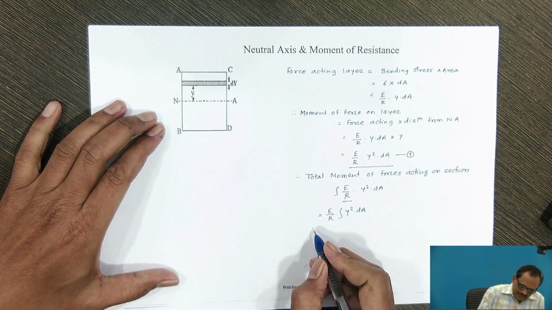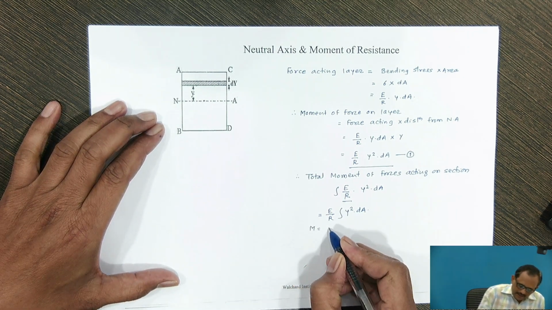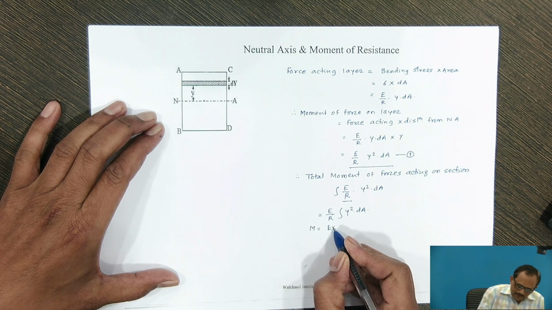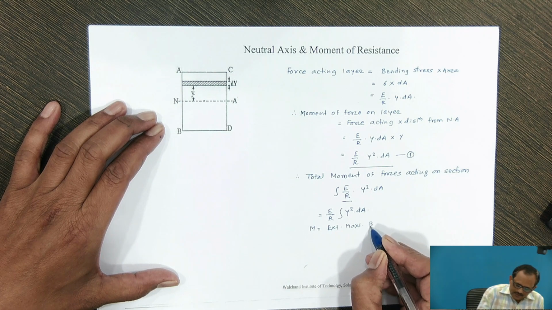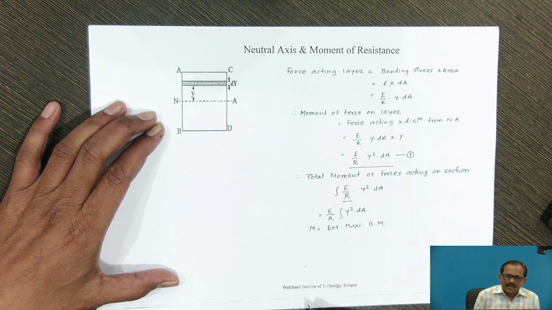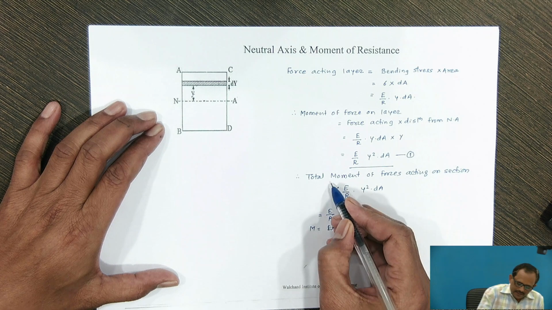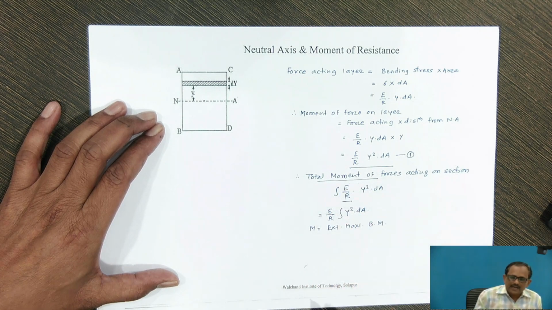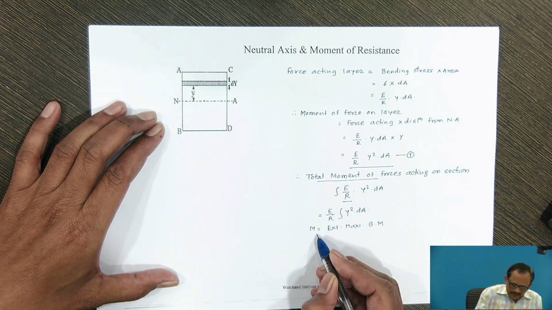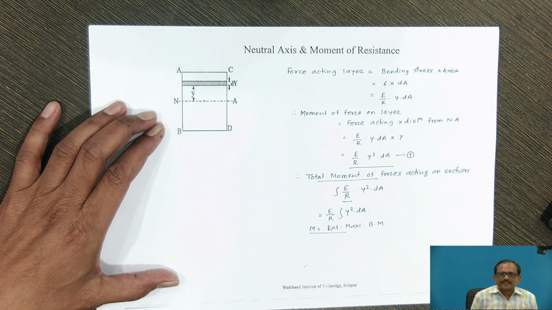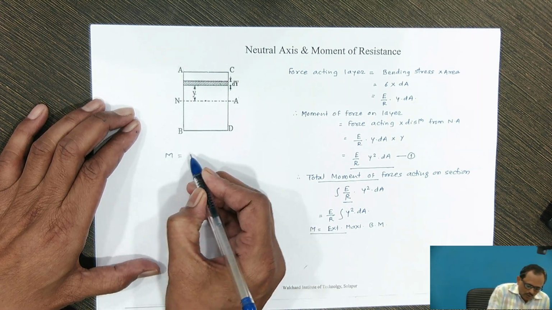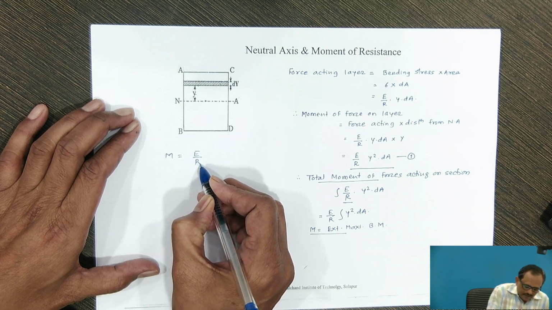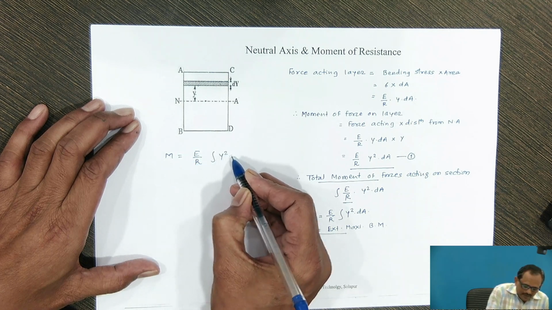So let us assume M is the external maximum bending moment to which the beam is subjected, and in equilibrium condition this total moment of forces acting on the section of the beam is equal to the external bending moment, and therefore you can write M is equal to E upon R integration y square into dA.